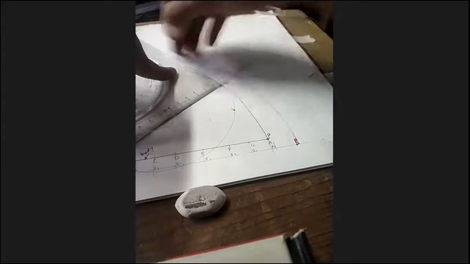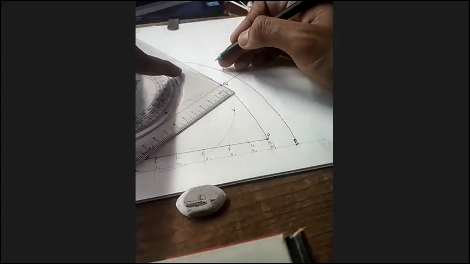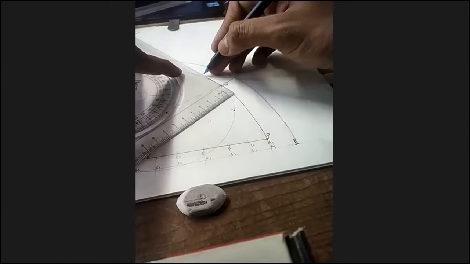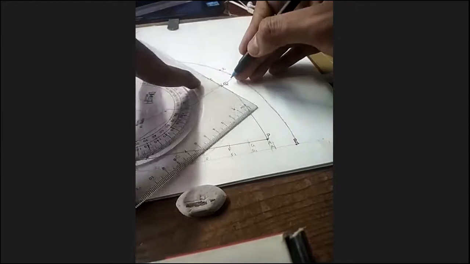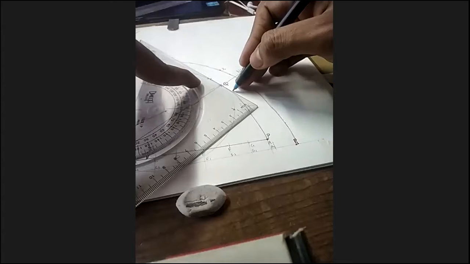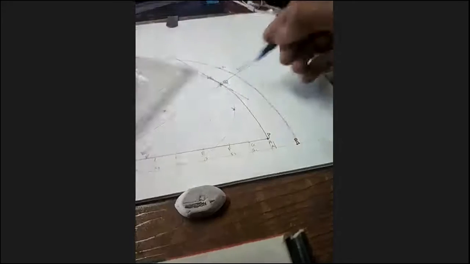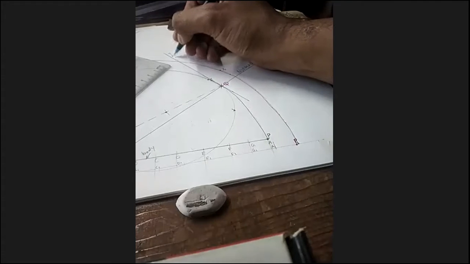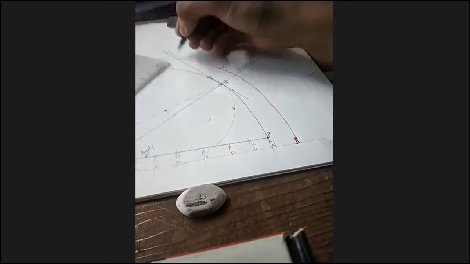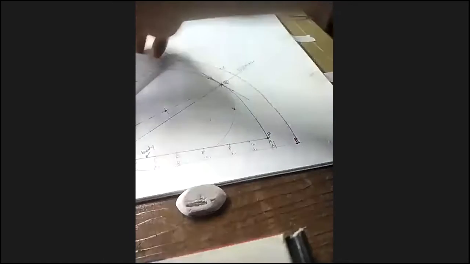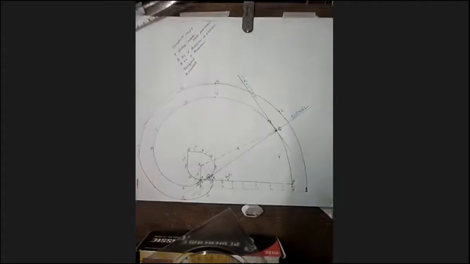So this is my line, perpendicular to my normal is my tangent.